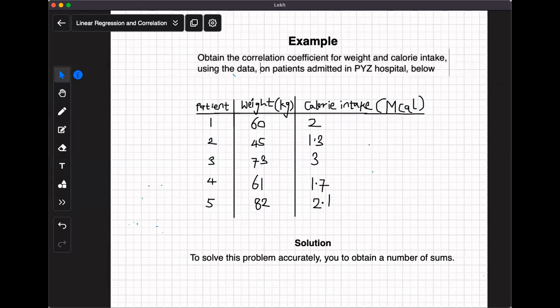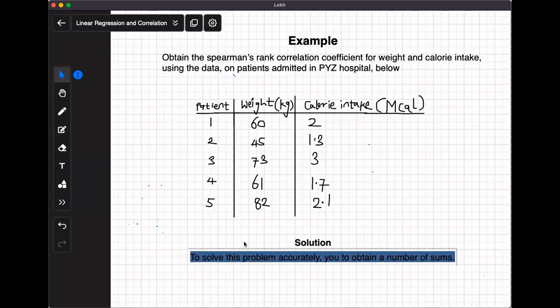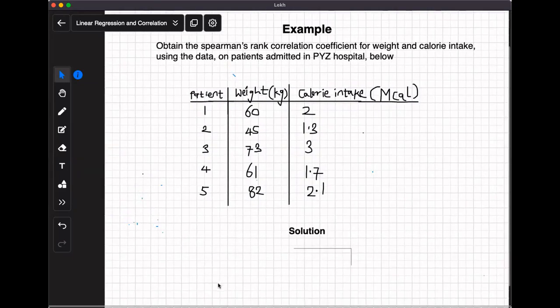Let's just say obtain the Spearman rank correlation coefficient. Now, we don't need to obtain any sum in this case. So let's go on with the solution.